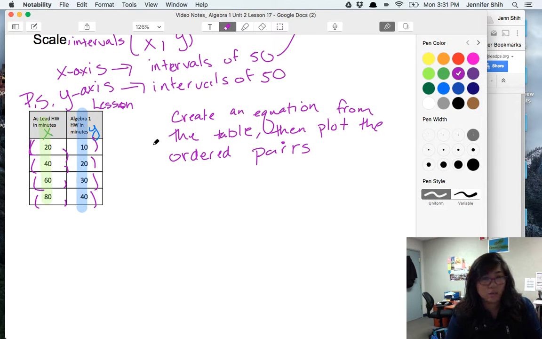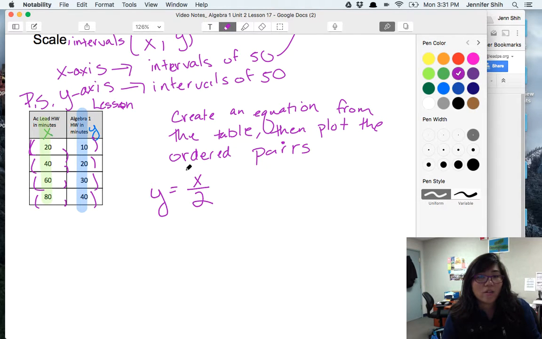Okay, let's create an equation. Let's call ACLED homework x and algebra homework y. If we want to know how many algebra minutes it's going to take for homework, we take the amount of ACLED homework and divide it by 2. 20 divided by 2 is 10. 40 divided by 2 is 20. 60 divided by 2 is 30. 80 divided by 2 is 40.